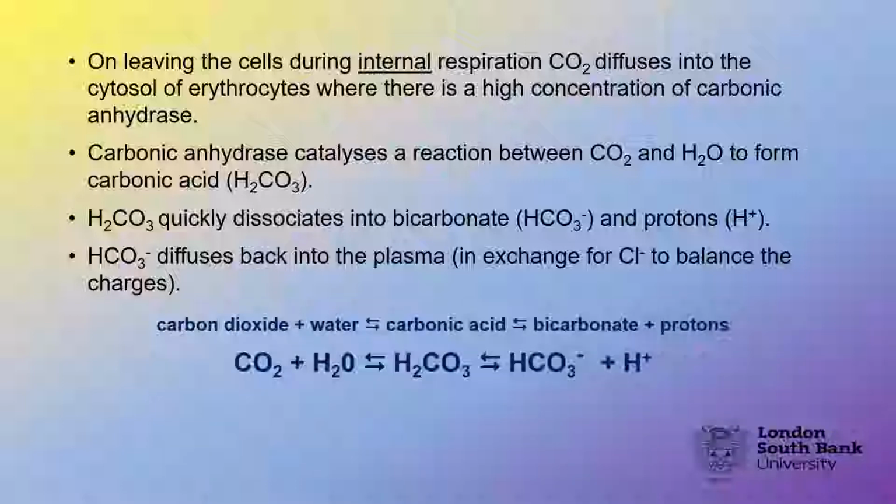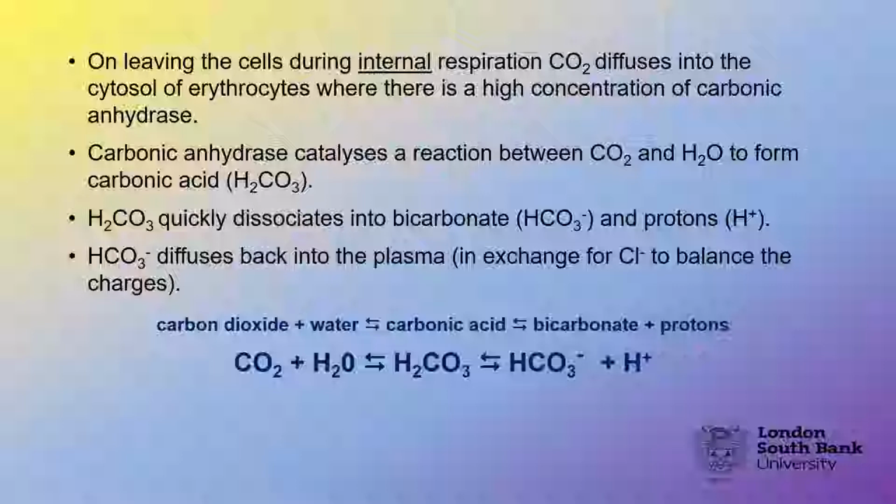So here's that equation. So we start with carbon dioxide and water, and through the action of carbonic anhydrase, we get carbonic acid. Carbonic acid quickly dissociates into bicarbonate and protons. And I've given you the equation in words and in chemical symbols. One thing to notice here is that I've got a little double arrow between it.